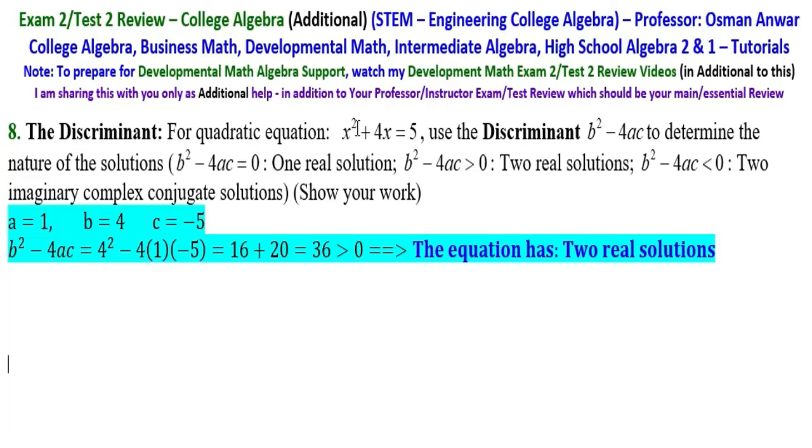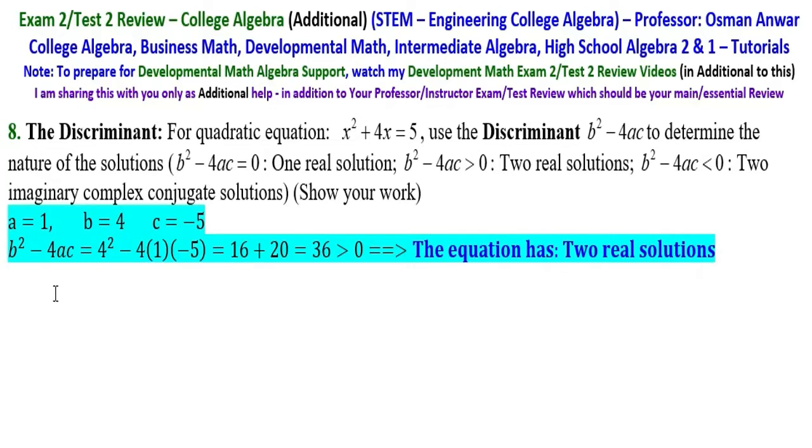So we have x squared plus 4x minus 5 equals 0. A is 1. The coefficient of x squared, a is 1. The coefficient of x, b is 4. The coefficient of the constant is minus 5.